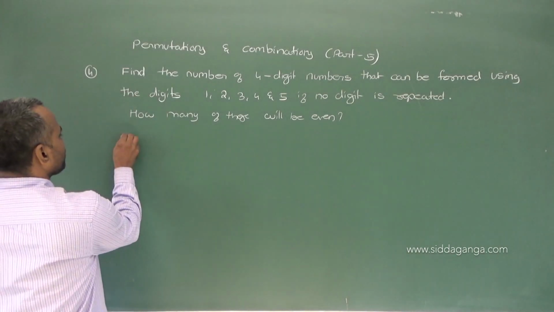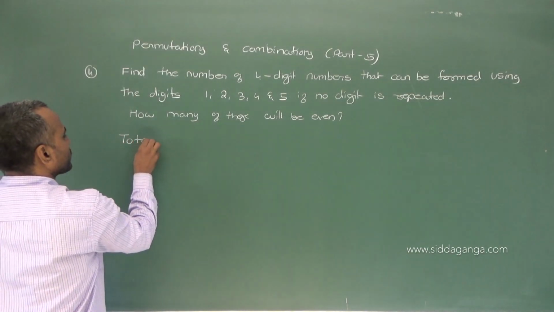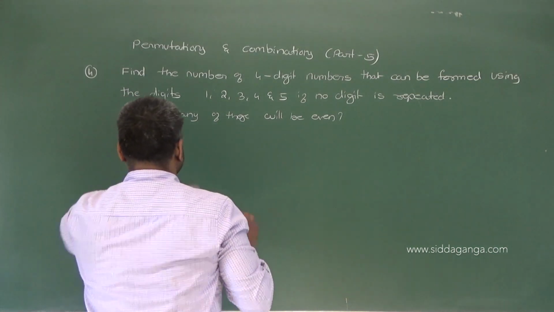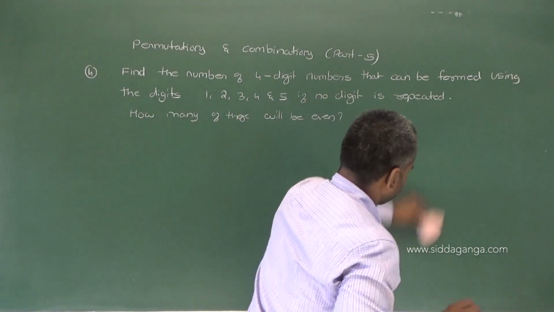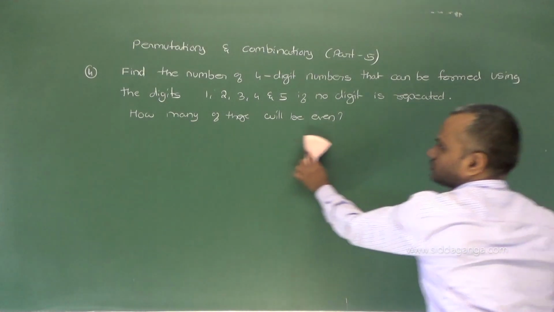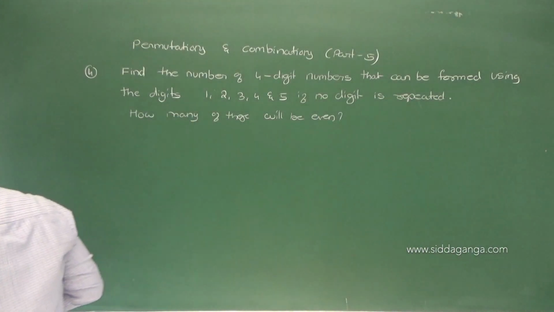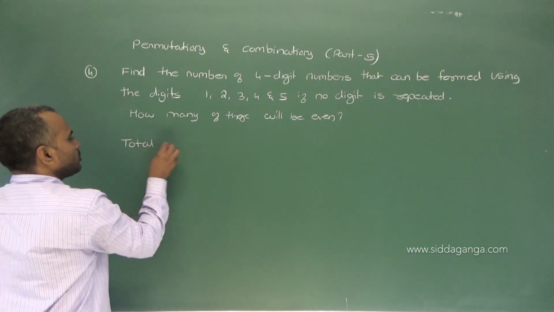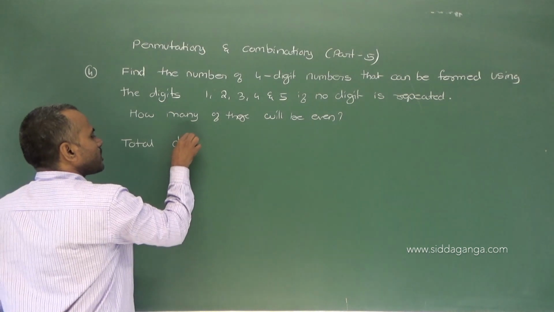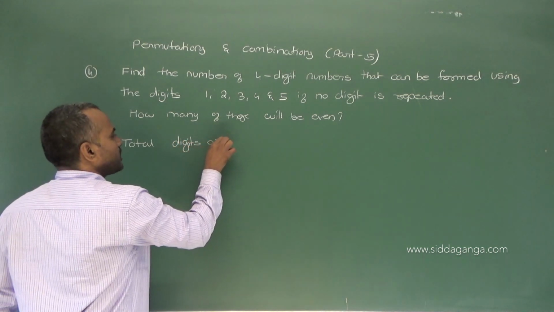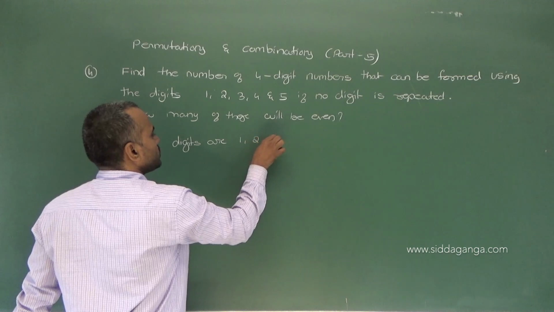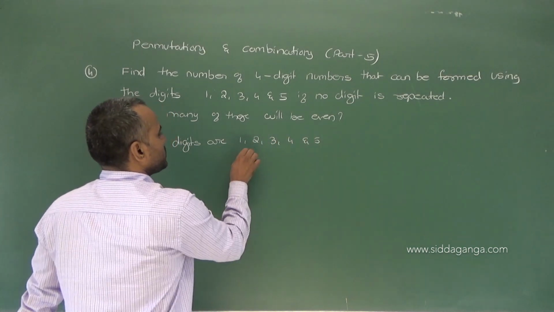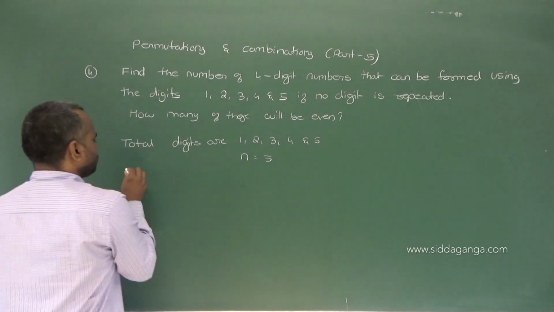Total digits are 1, 2, 3, 4 and 5. N is equal to 5.